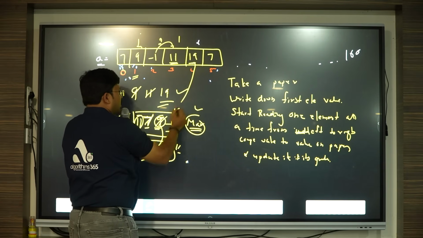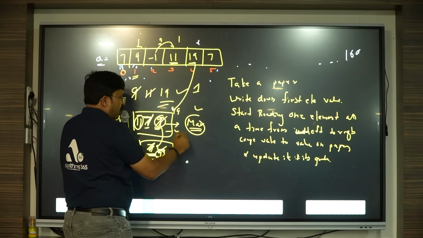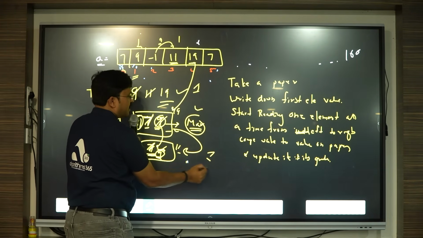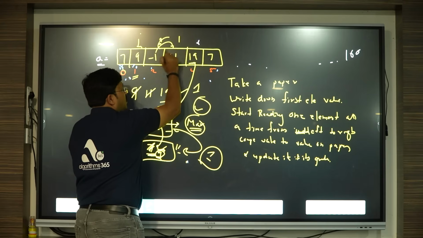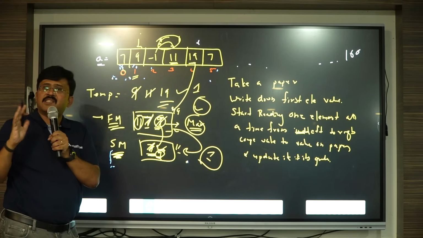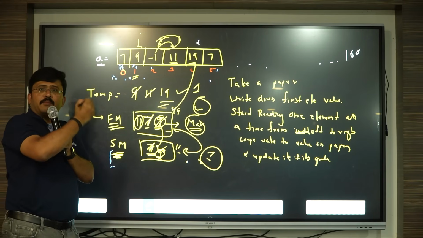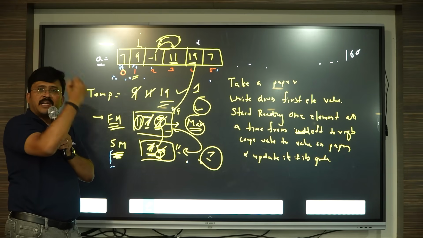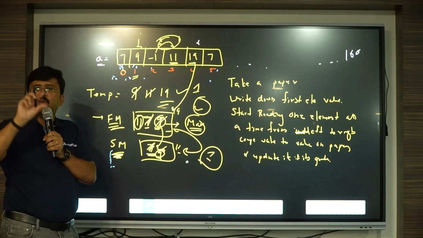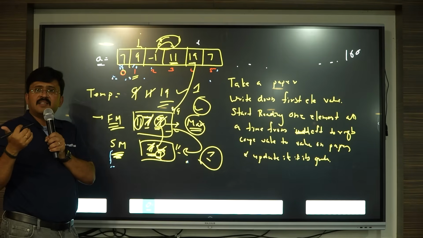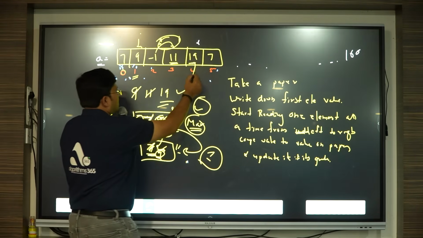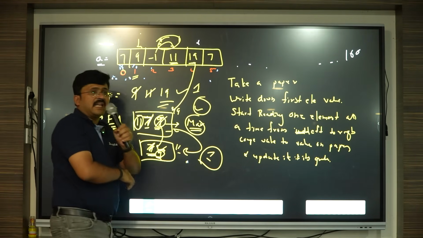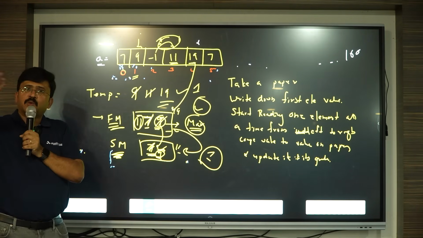I copied this value here, that is one line of code. I copied this value from here to here is one line of code, because your CPU cannot do anything by itself. Every time I am doing anything on the board, lifting my pen and copying the value is one line of code. Clear? Okay.